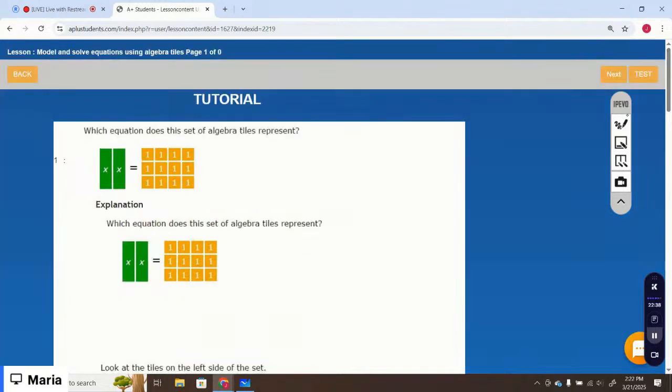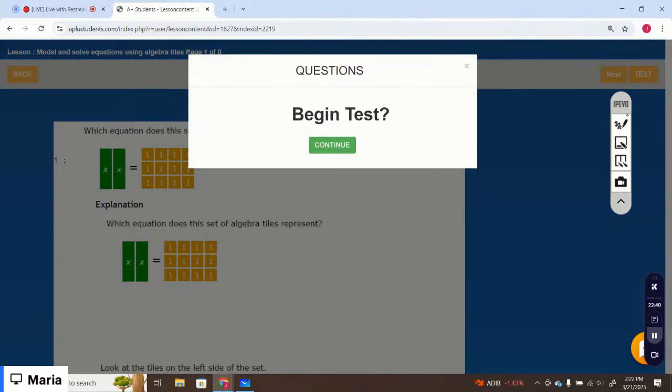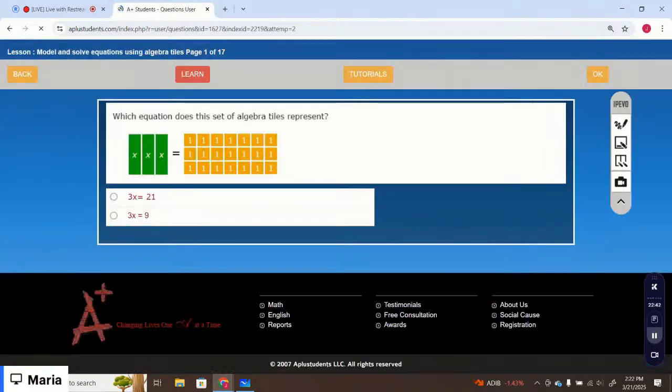Let's just start with the test questions. Which equation does the set of algebra tiles represent?